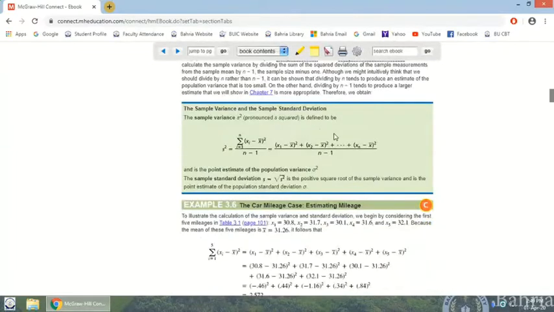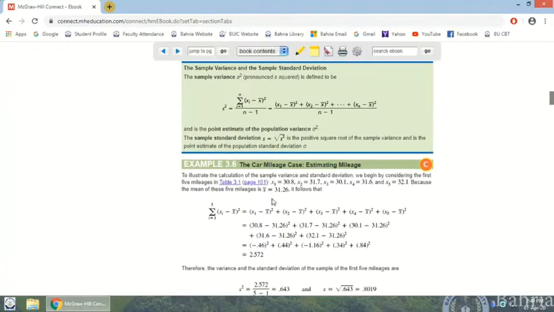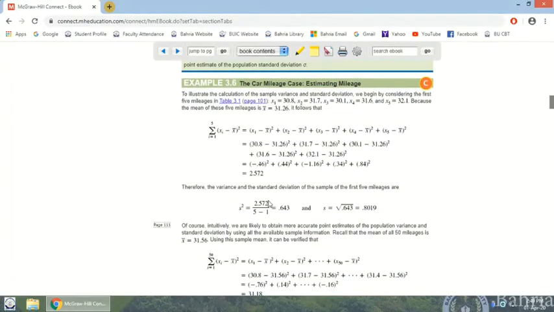So in this case, this is just the formula as in a general interpretational form. Like I said, if this is a sample variance, we will be replacing the n with an n minus 1, and that's it. So in this case, you can just simply read up on this, that we have x1 as 30.8, 31.7, 30.1, and 31.6, and 32.1, right?